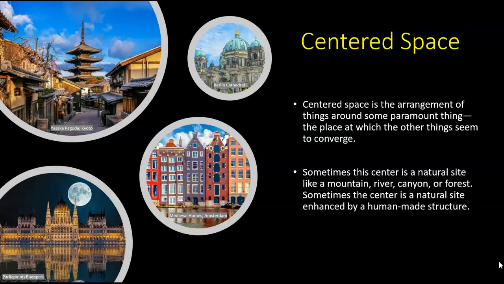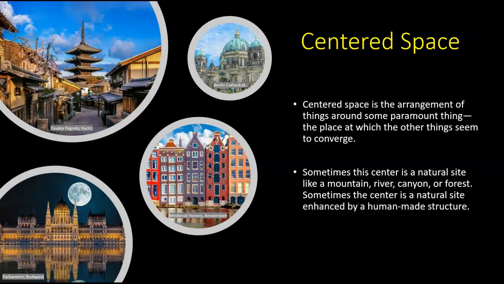Sometimes that center is a natural site. It could be a mountain or a river or a canyon or a forest. And sometimes the center is a natural site that's enhanced by a human-made structure.